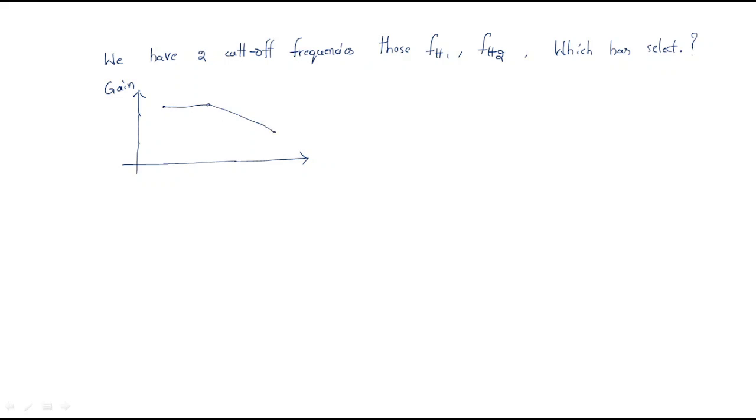We have one point A, where the cutoff frequency is FH1, and then another point B, where the cutoff frequency is FH2. Which frequency do we select for the high frequency analysis? That time we should go for FH, which is the minimum of FH1 and FH2. Whichever is the minimum frequency between FH1 and FH2, that we should select.